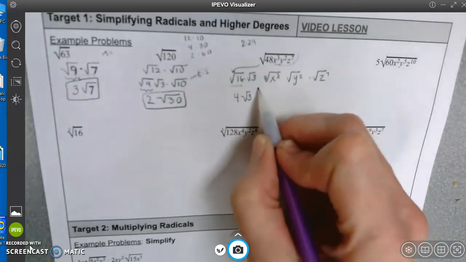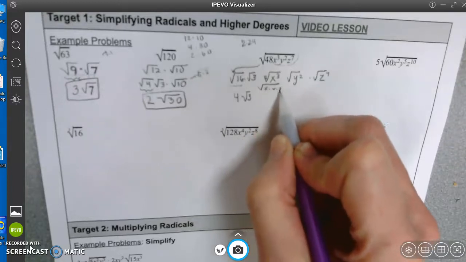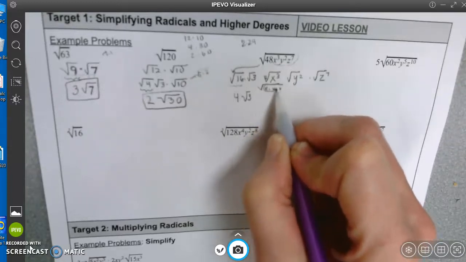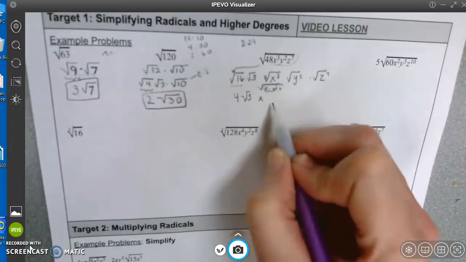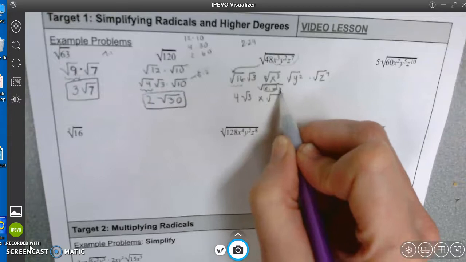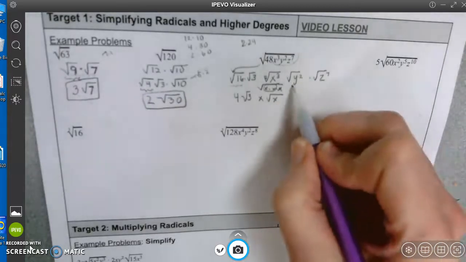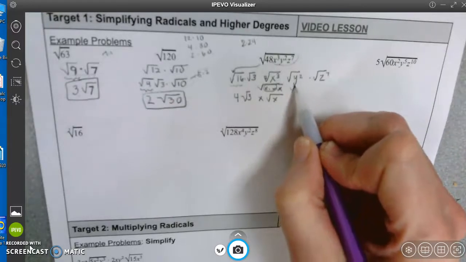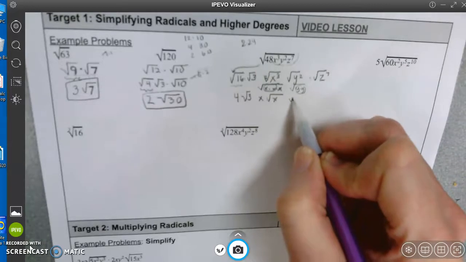So I want to show you what I'm thinking. I know there's 3 x's underneath the radical, and I know there's one set of pairs. So that means one x comes out, one set comes out, and that doesn't have a partner, so it stays underneath. So over at the y's, I can think of them separately if I need to and say, hey, look, there's one pair. That means all of them come out.